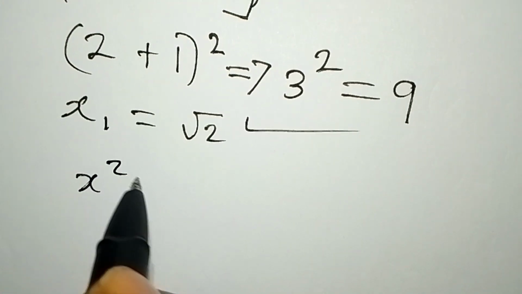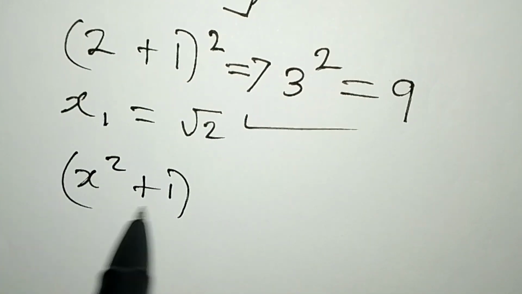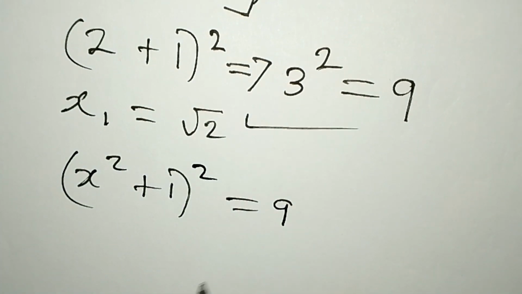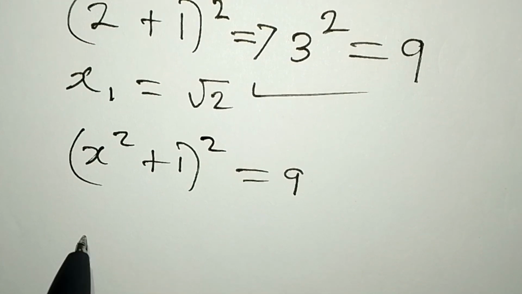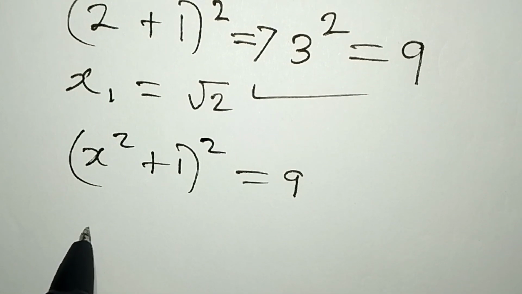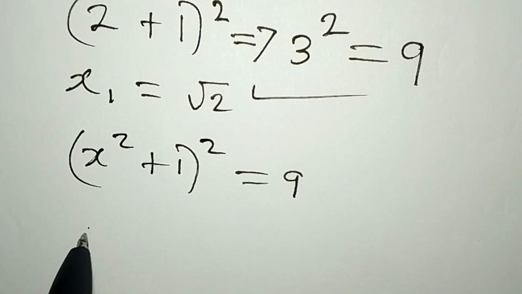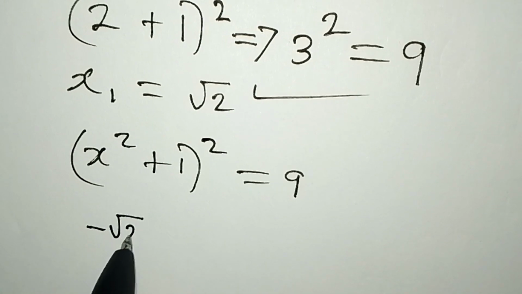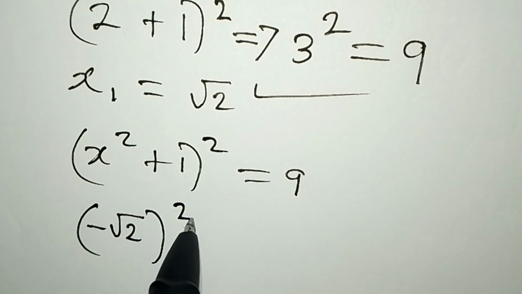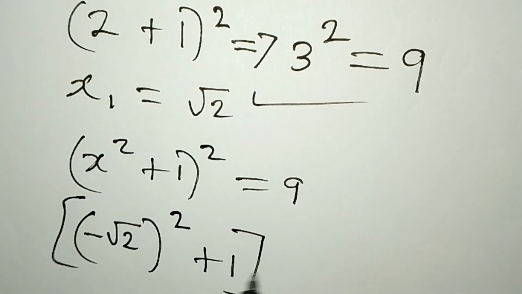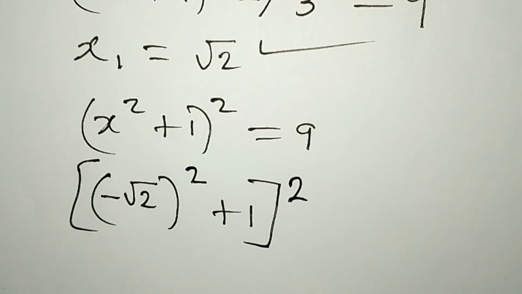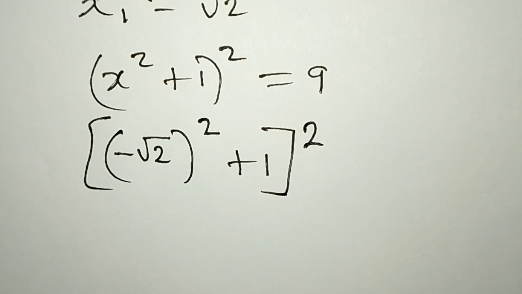Okay, so we have (x² + 1)² = 9. Now we are putting negative root 2 as x. Okay, so we have (−√2)² + 1, and now this is raised to the power of 2. Will this give us 9? That's a question.